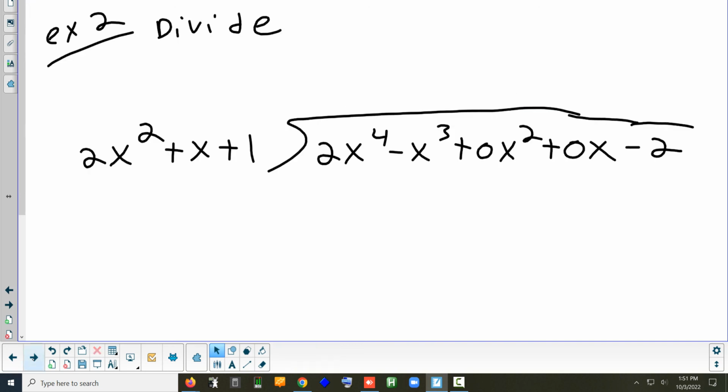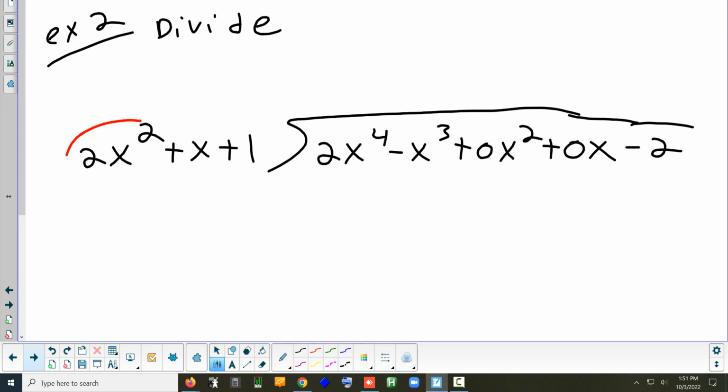All right, let's try one more of those and see what happens here. This time, the highest exponent in your dividend is a 4, and they already filled in everything that was missing. You were missing the squared and the first power, but they filled them in as zeros.